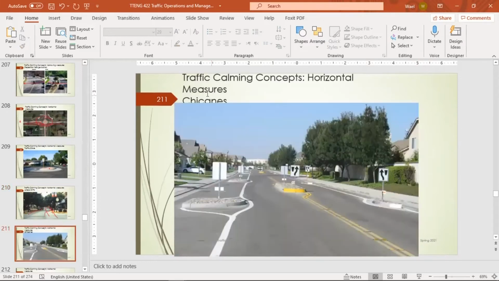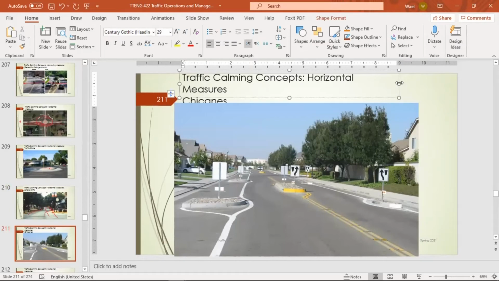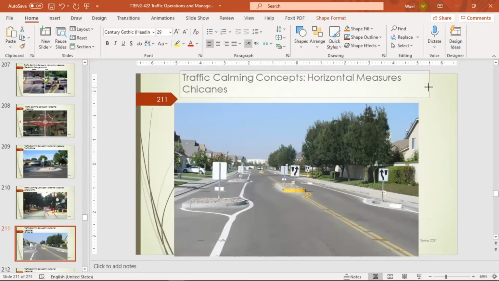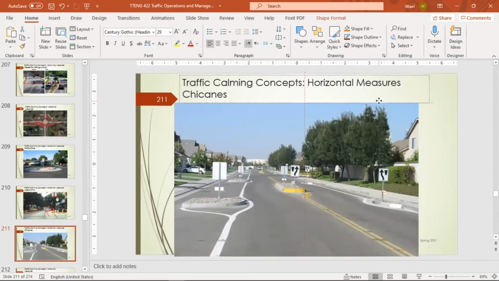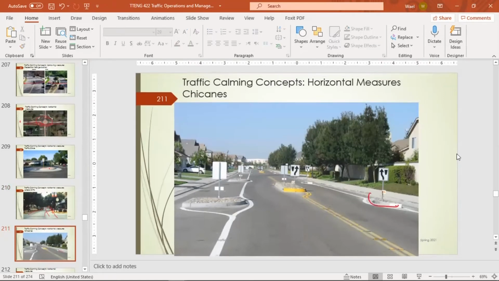These are chicanes, and actually these are the ones, okay, and from my perspective I don't think this is relevant to use in our case.